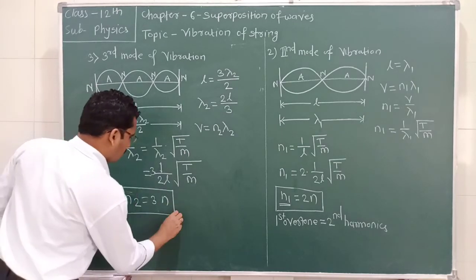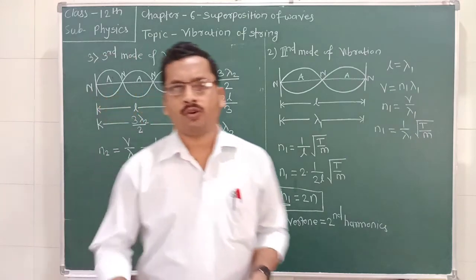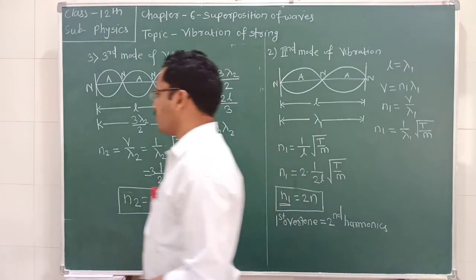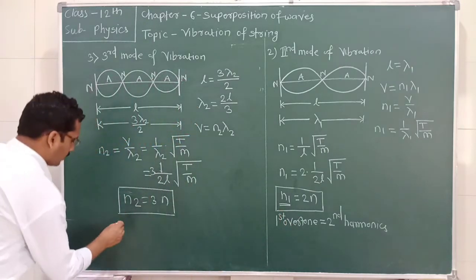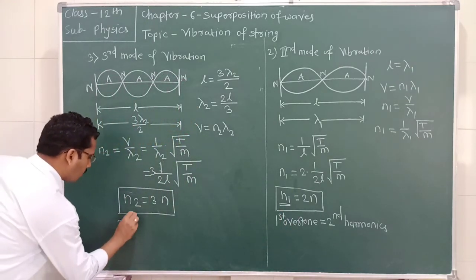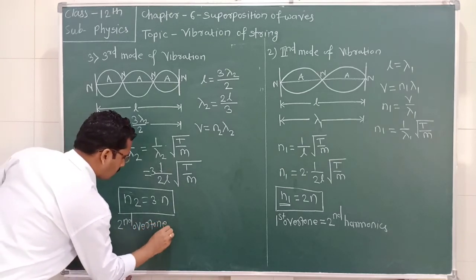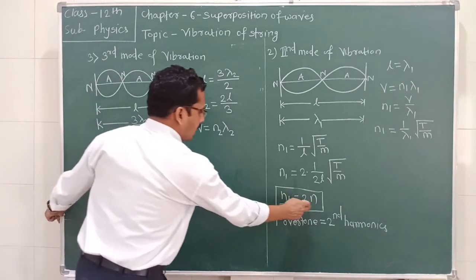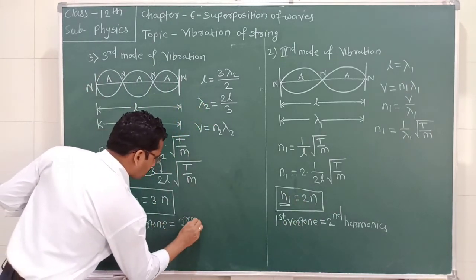So this n2 is the frequency of the third mode of vibration of the string. If the earlier one is the first overtone, then this is called the second overtone. If that was called the second harmonic, then this is called the third harmonic.